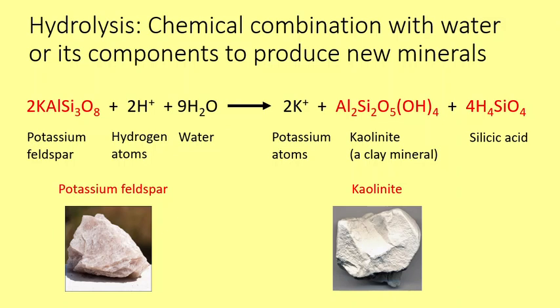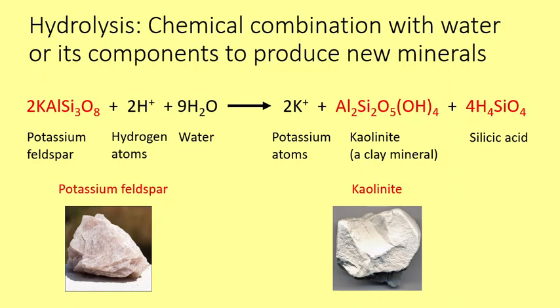We're going to start out on the left with a K-spar crystal, a crystal of potassium feldspar, and we're going to subject that K-spar crystal to acidic water. By the way, to a chemist, when you add hydrogen atoms to water, that's what makes the water acidic. So in this case, the K-spar crystal is being exposed to acidic water and it gets destroyed in the process.